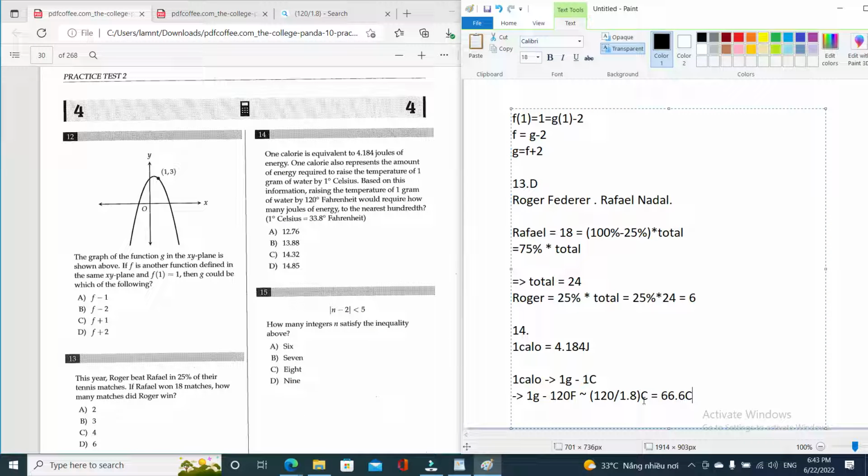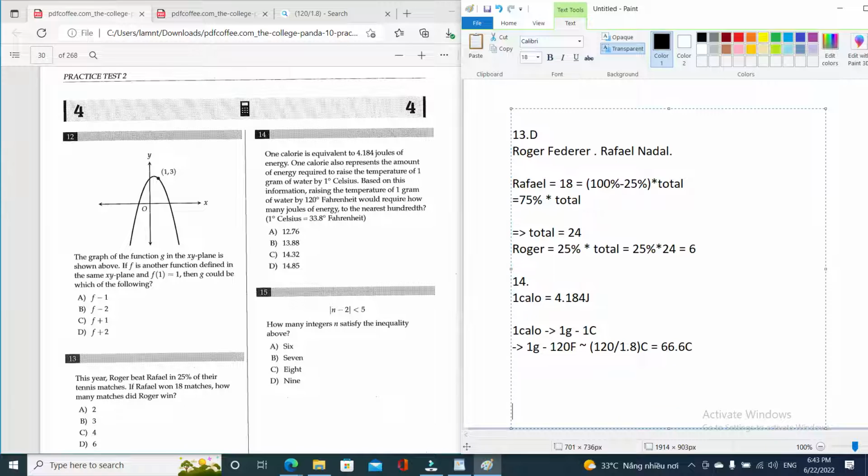They asked for joules, right? So this is going to be 66.6 times 4.184.